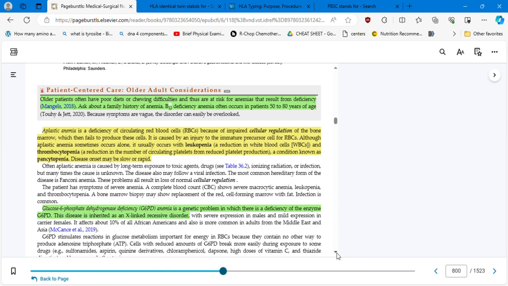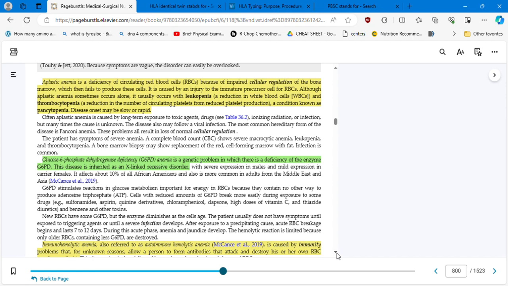Then we have the glucose-6-phosphate dehydrogenase deficiency. Anemia is a genetic problem in which there is a deficiency of the enzyme G6PD. The disease is inherited as an X-linked recessive disorder. So far we have B12 autoimmune, G6PD genetic.